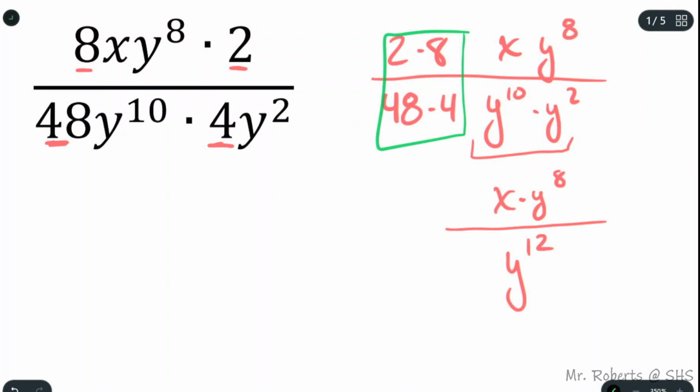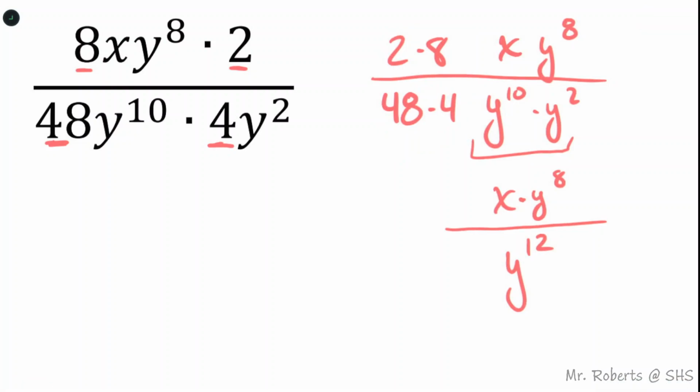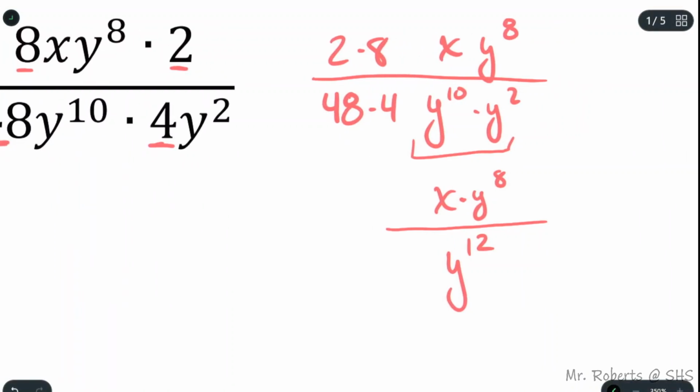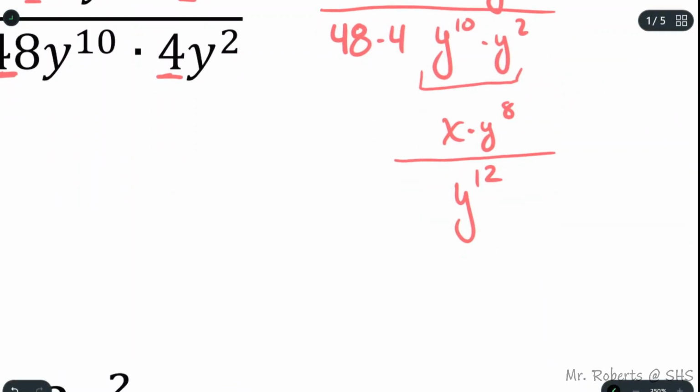That's not the number 1, I don't think, but I don't want to forget to deal with that. But let's go ahead and deal with this x times y to the 8th over y to the 12th. Well, I've got 8 factors of y in the numerator and 12 factors of y in the denominator. That's going to leave me with 4 factors of y in the denominator. So I've got this x and a y to the 4th power down at my denominator.